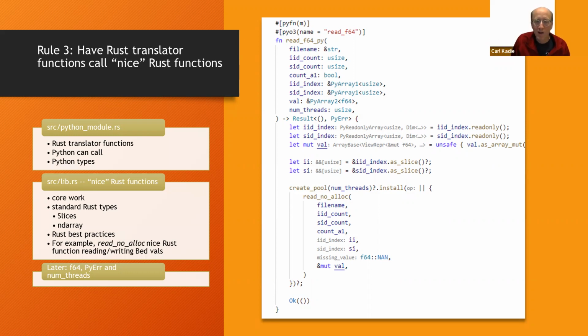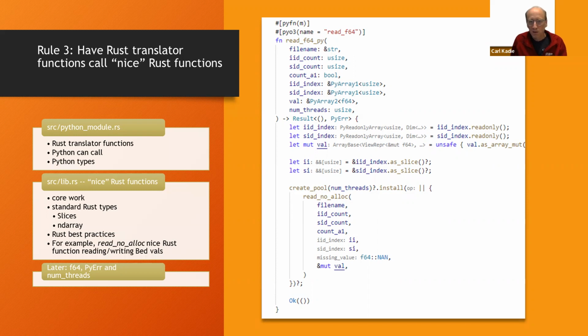And likewise, that next array is an array of the DNA locations that we want to read, as stored in a one-dimensional Python array. And the final thing is the thing we're going to fill, and then that'll be how we get the results back to Python. And that's a two-dimensional Python array where the values are double precision floating point numbers. And we'll talk about num threads later.